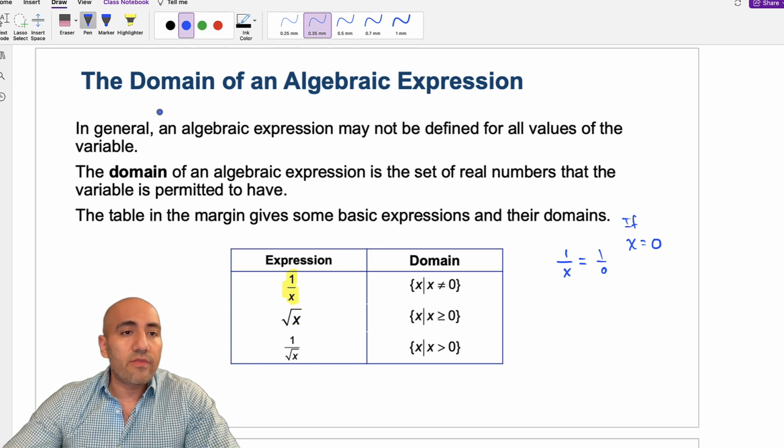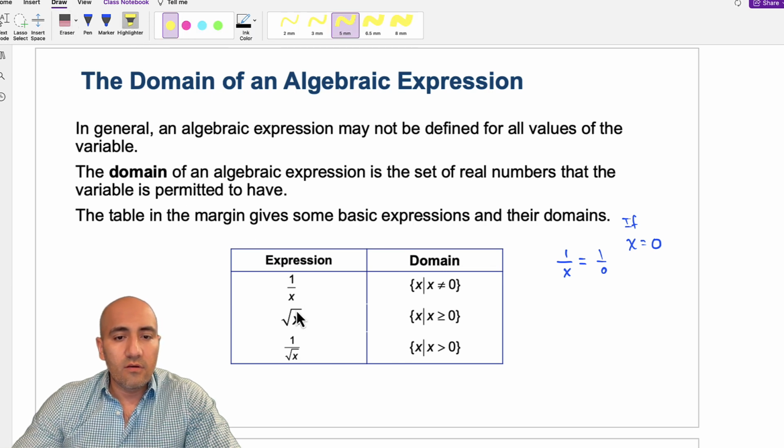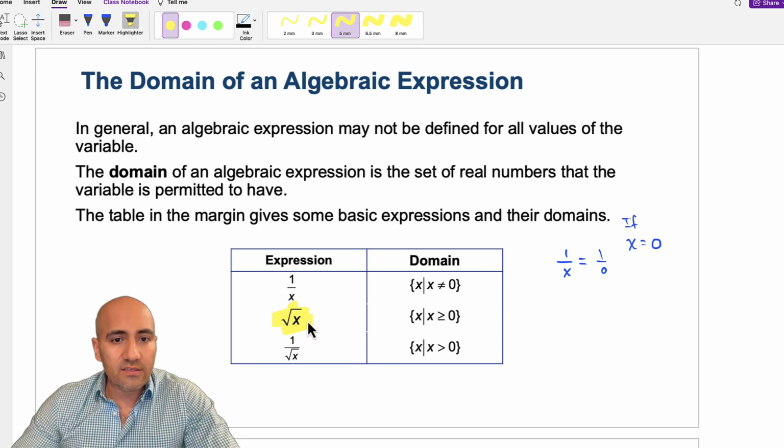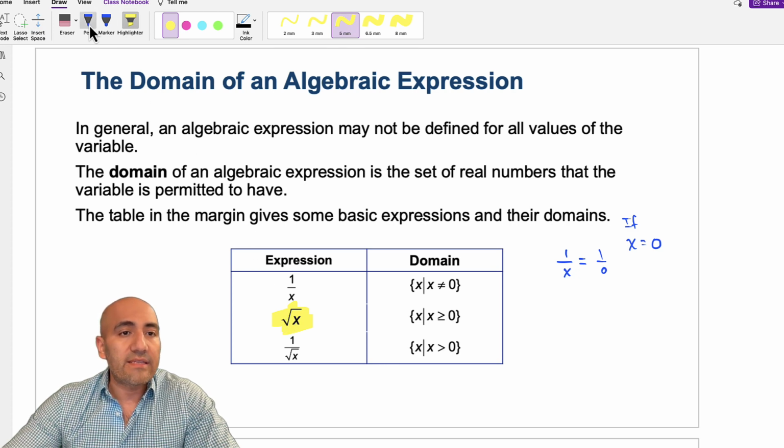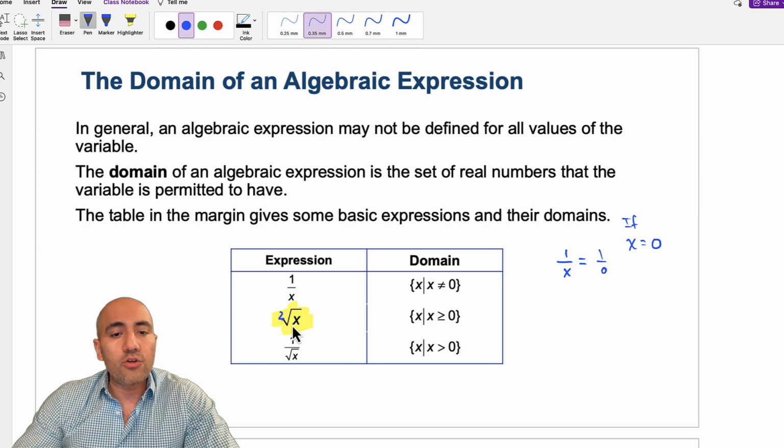Okay, for this expression, the square root of x, now we can't divide by 0. There's no fraction in the statement, but we do have a root, and by default, the little index there, which is missing, means there's a little invisible 2 right there.